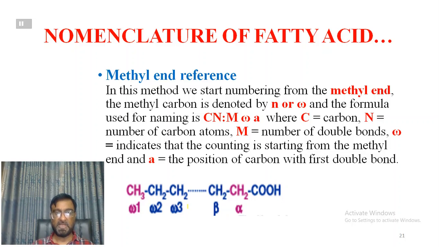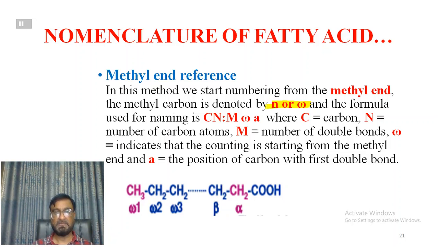So another nomenclature method is the methyl end reference. In this method, we start numbering from the methyl end. Instead of using the carboxylic end, we are starting from the methyl end. So the methyl carbon is denoted by the symbol omega.